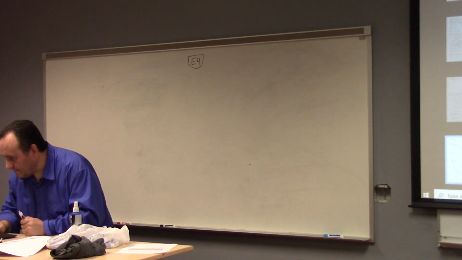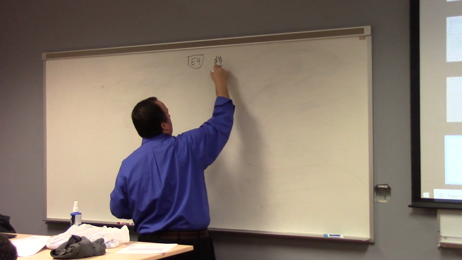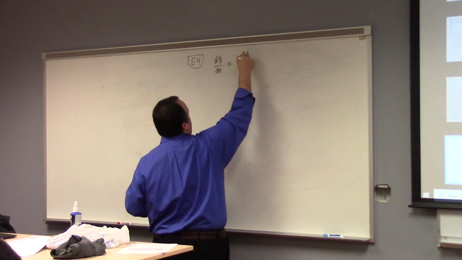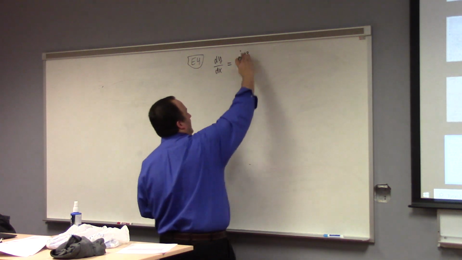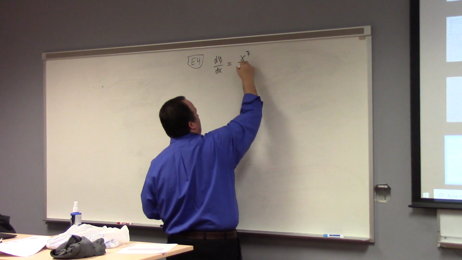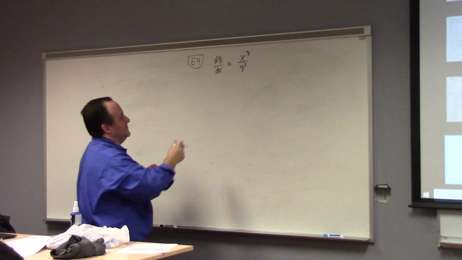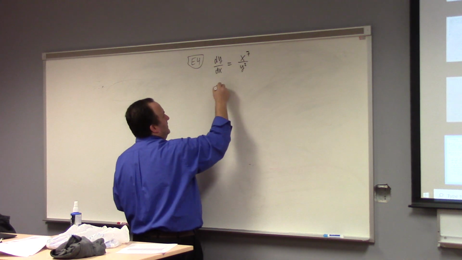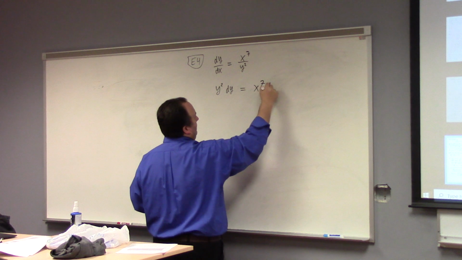It was dy over dx equals x cubed over y with an initial condition y of 1. So I'll make that an x to the 7th over y squared there. Okay, great. I changed your problem. So I would separate. I would integrate.